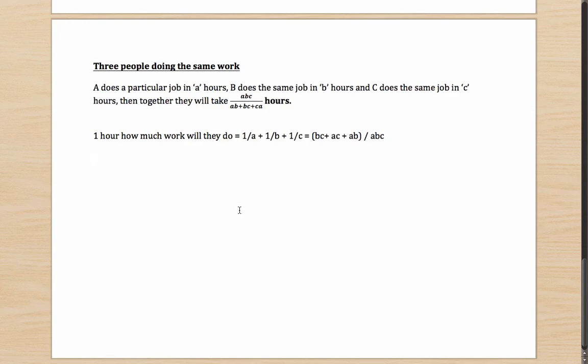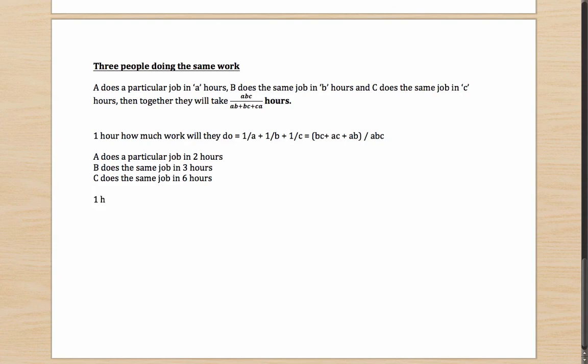Let us take an example to illustrate this further. Say A does a particular job in 2 hours, B does the same job in 3 hours, whereas C does the same job in 6 hours. Then together, how much time will they take to complete the task?